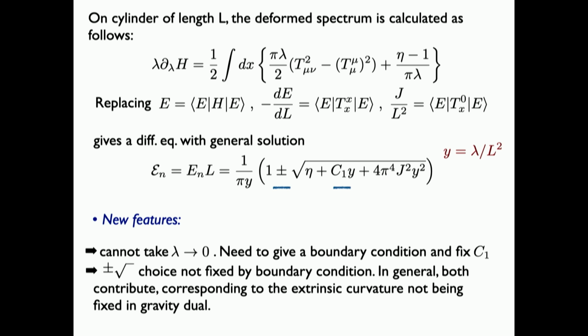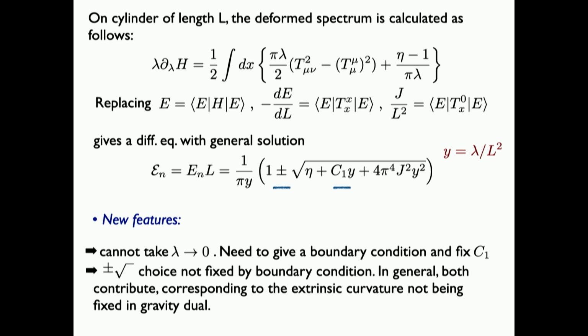The factorization property of TTbar is used, and then the different components of the T mu nu are replaced. For example, the pressure here is, as usual, the variation of the energy with respect to the volume, and the T0x component is related to the angular momentum. So once these things are replaced into this equation, one gets a differential equation that can be solved for the energy levels, and the solution is of this form that I'm showing here. So that's the general solution to the differential equation that follows from here. Okay? This curly E is the dimensionless energy, so it's energy times length. Okay?